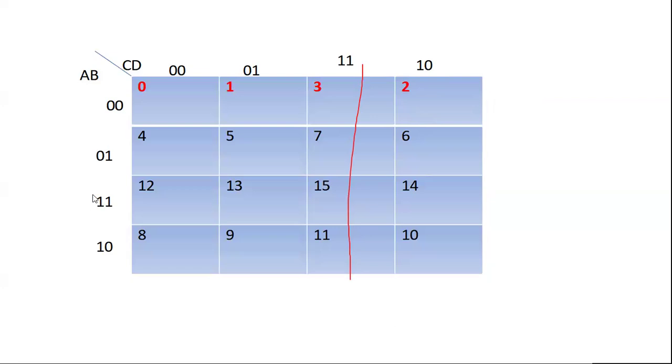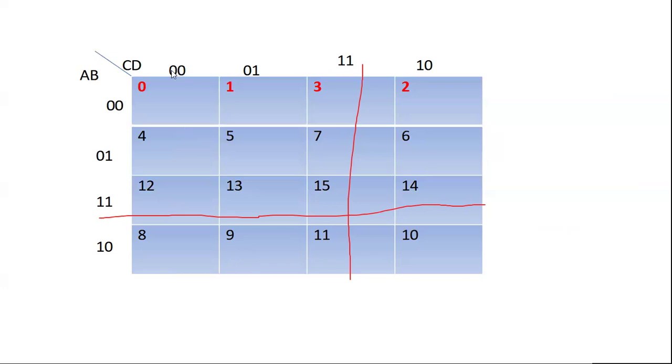In the same way, you have to leave this row, first fill the last row and then jump into the third row. Okay, like this 0, 1, 2, 3, 4, 5, 6, 7, 8, 9, 10, 11, then 12, 13, 14, 15. Likewise, we are writing the values in a K-map.